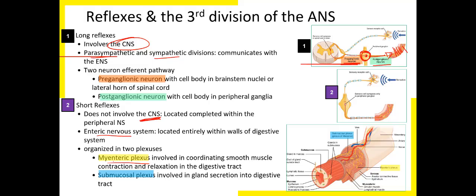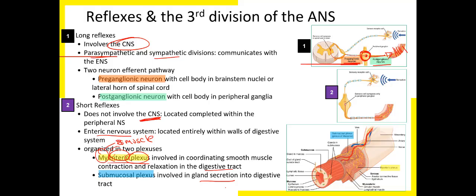So they're called the myoenteric plexus. Again, myo meaning muscle, enteric referring to the digestive system, plexus is a network. So the myoenteric plexus are involved in coordinating smooth muscle contraction and relaxation in the digestive tract. And then you've got the submucosal plexus that is just below the mucosa that is involved in gland secretion.